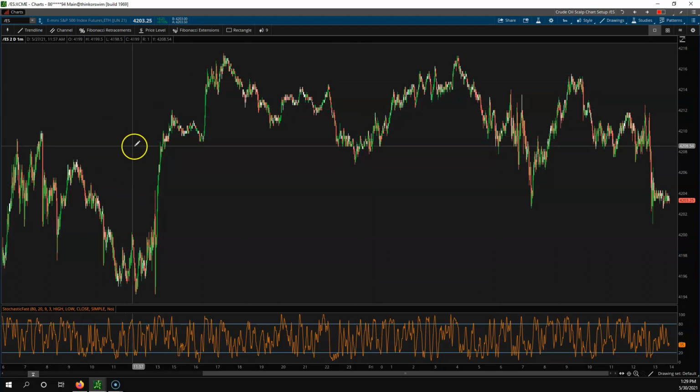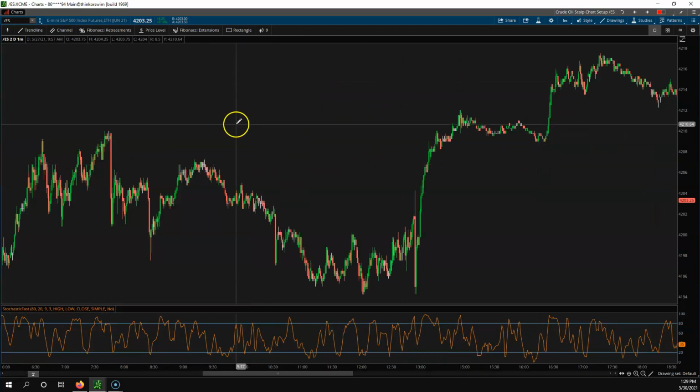So let's zoom in over here. We're going to look for overbought, oversold areas. When price gets oversold, meaning down here, below the 20 period, one way to look at this is to wait for the oversold and then wait for price to come back up and one candle to close above.